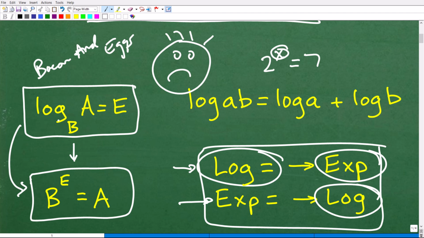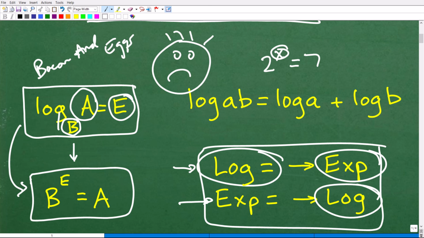So when you have a logarithmic expression or equation written out, you have some stuff equal to some other stuff. Well, this little number down here, this subscript, that's the base, this is the answer, and this little e is the exponent.